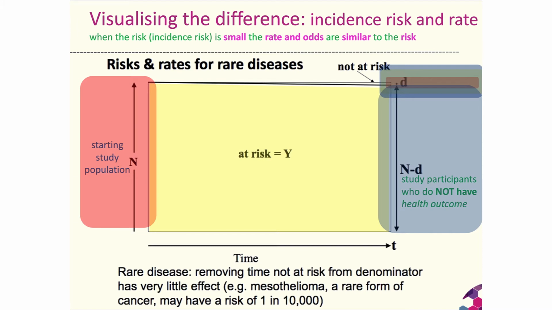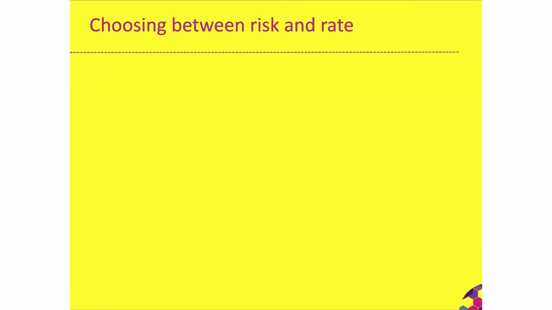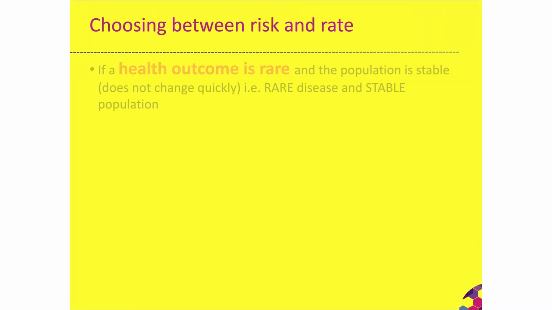And in this example, it's about a rare disease. And so, for example, mesothelioma is a very rare disease, very small numbers. And so here in this context, a cohort study where we calculated the rate would be very similar to the risk of mesothelioma in the population. So when and how do we choose between a risk and rate?